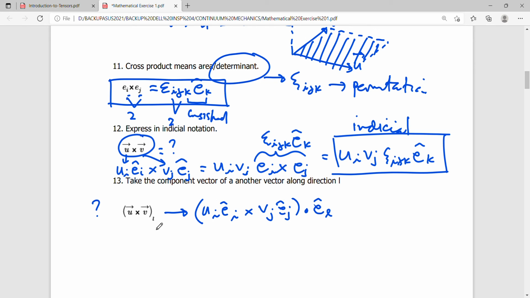Why is it e_L? Because this is a simple projection on the unit direction L. If you want to simplify this further, you may do so. So this becomes U_i V_j epsilon_ijk e_k, and then you dot it with e_L.